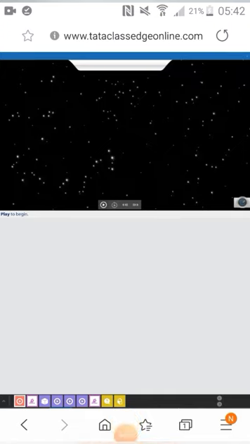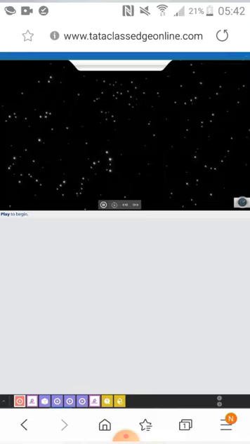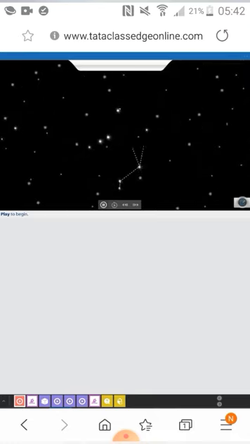There are about 88 constellations identified in the sky. Each constellation has several big and small stars. From the Earth, these stars in a group appear close to each other within a constellation, but are actually very far apart from each other.